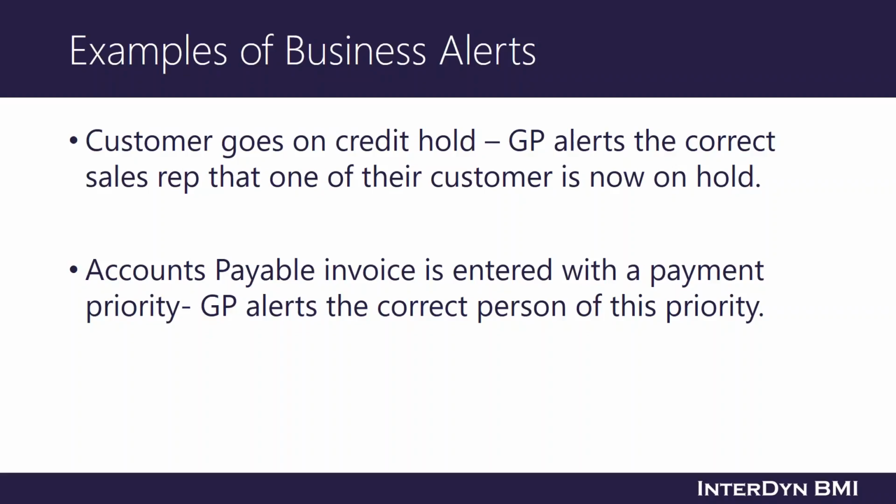That could be a payables clerk, so maybe someone else writes the check versus the person that actually enters the voucher or the transaction. And so we alert that person or that group that, hey, this invoice just got put in and posted in the system. This vendor has a very high payment priority, and so that way we don't miss.